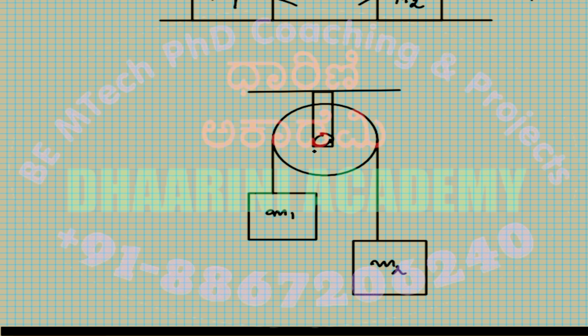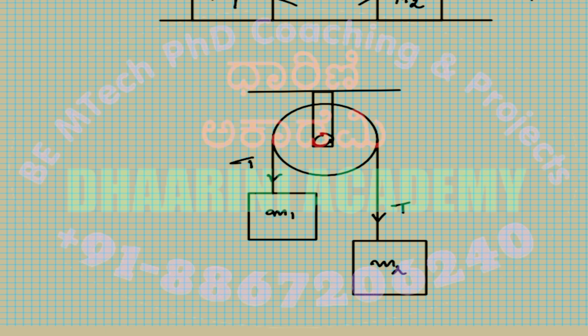All right, so again we can see that this is going to pull the thing downwards, this is also going to pull it downwards, right? There may be a resultant motion, right? If m2 is larger than m1, definitely m1 will move upwards, m2 will move down, but the tension in the string can be represented just like this. Each of the masses will try to pull it towards itself.